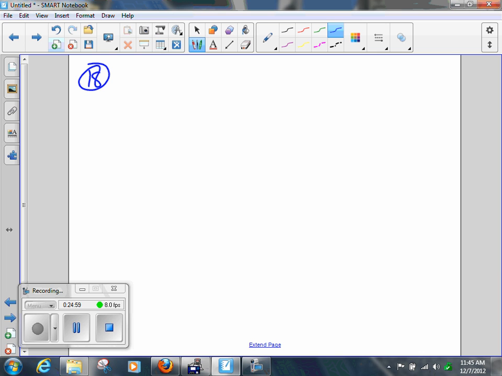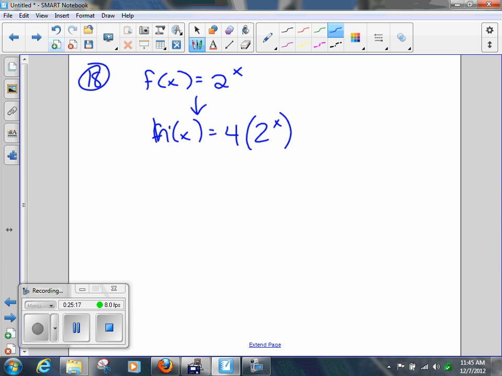18 is weird because it's that exponential function, okay? It says which describes how the graph of f of x equals 2 to the x power was transformed to h of x, which is 4 times 2 to the x. And it shows you there, okay? But what happens to functions that have been vertically shifted up or down, even if we relate it to parabolas?